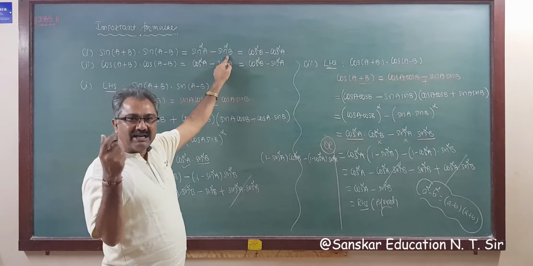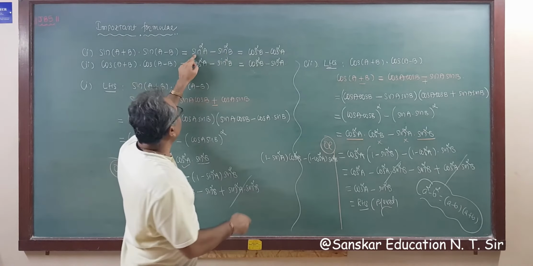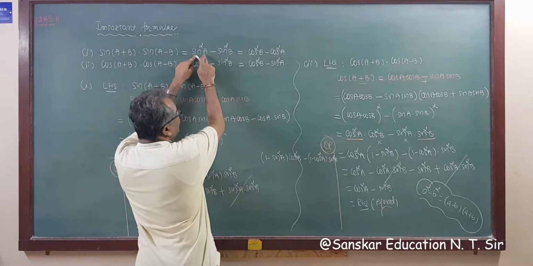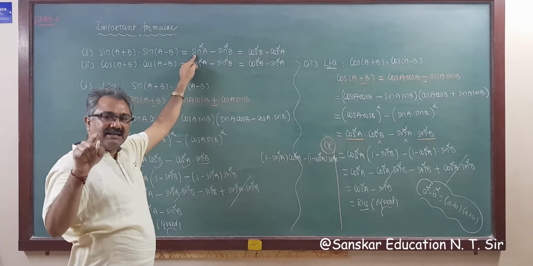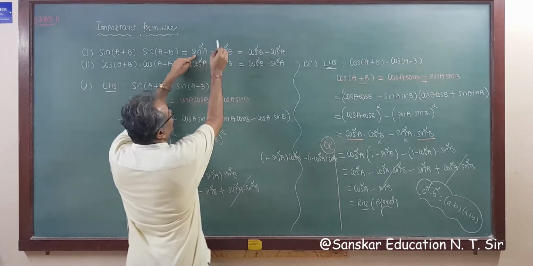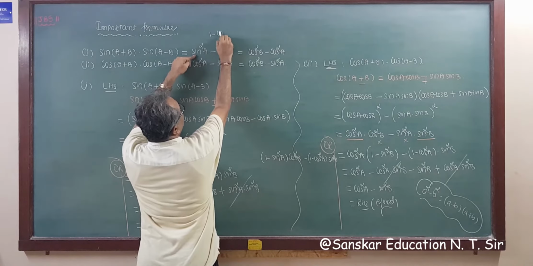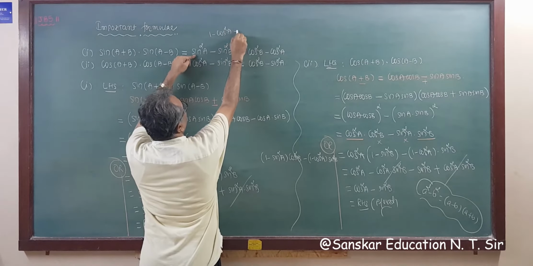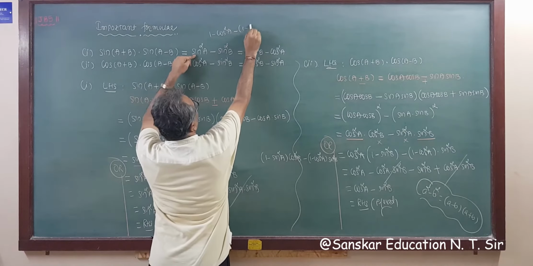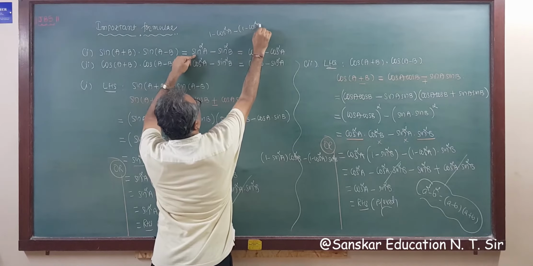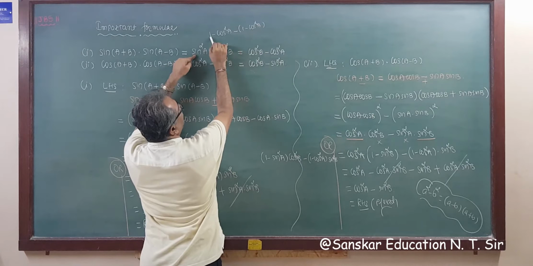See, sin square A minus sin square B. If you want the answer in cos, then simply you can replace sin by cos, that is changing to 1 minus cos square A. So you can write it like this also: 1 minus cos square A minus 1 minus cos square B. Right? So now this 1 will be cut.